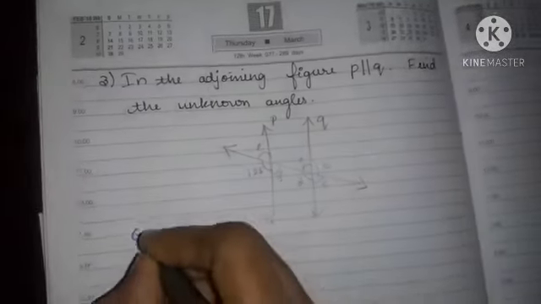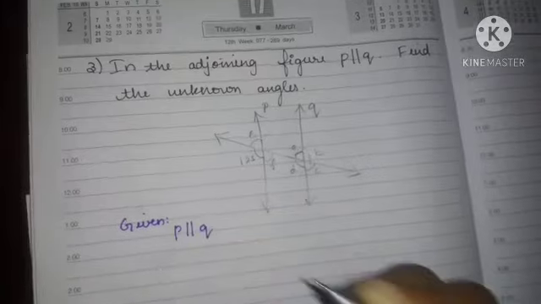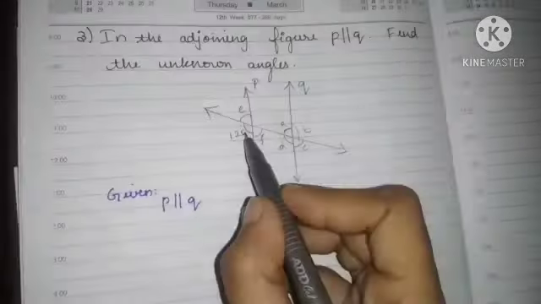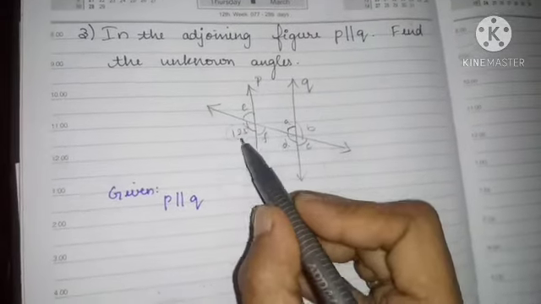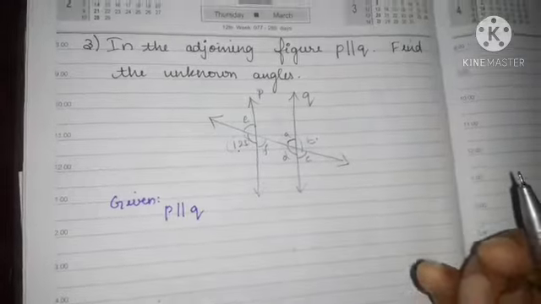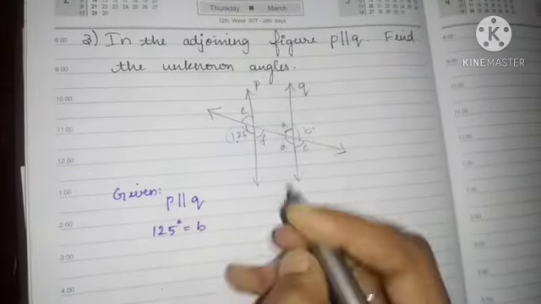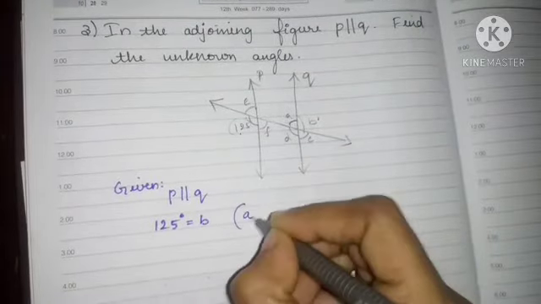Okay, what is given, children? P is parallel to Q, correct? The only hint they have given is 125 degrees. So 125 degrees is equal to B, because why? Alternate exterior angles are equal.